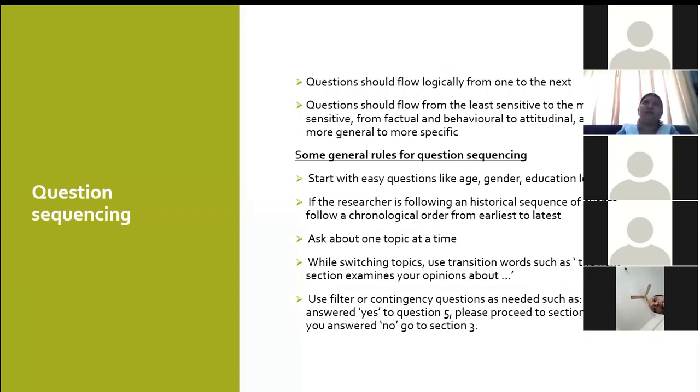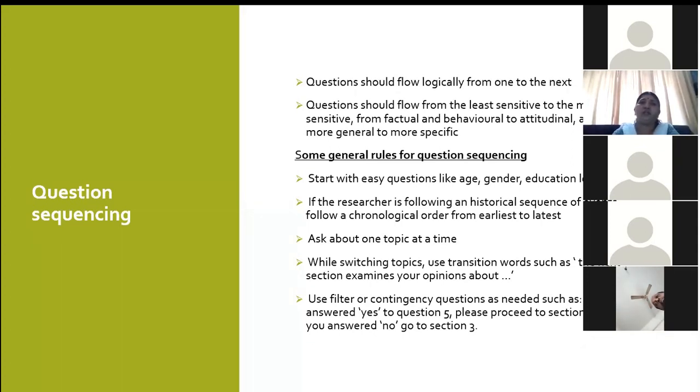When you start the survey, you should not ask a very difficult question. You have to ask very simple questions initially. You should not ask very sensitive questions at the beginning. Initially ask simple or least sensitive questions, and then move to more sensitive or difficult questions.